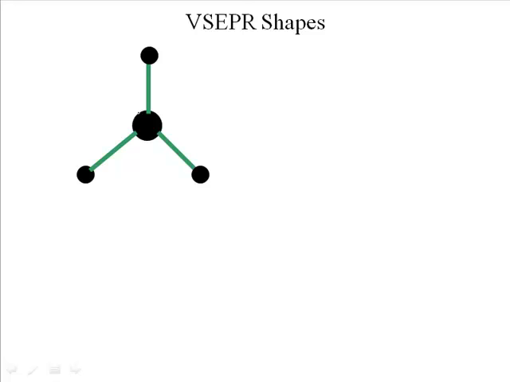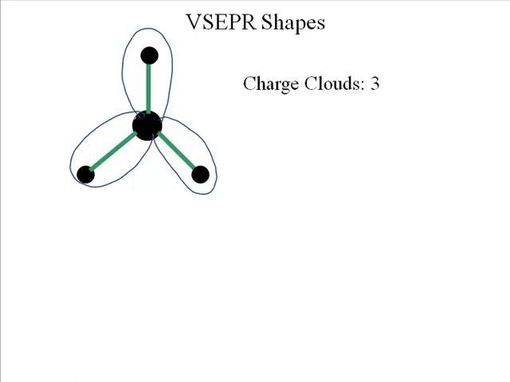There are a total of 3 charge clouds, 1, 2, 3, and those 3 charge clouds are in a geometry that's called planar triangular. In other words, planar meaning flat and triangle. It looks like a triangle. So the geometry for this is planar triangular.